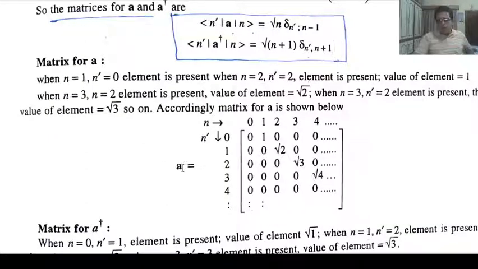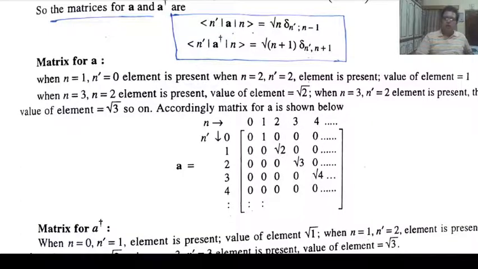So if we want to compute the value of a in this matrix, this is small n, and n equal to 0, 1, 2, 3, 4, and this is n dash. By calculating these values, only this diagonal 1, under root 2, 3, 4 is present, and other elements are 0 for a.